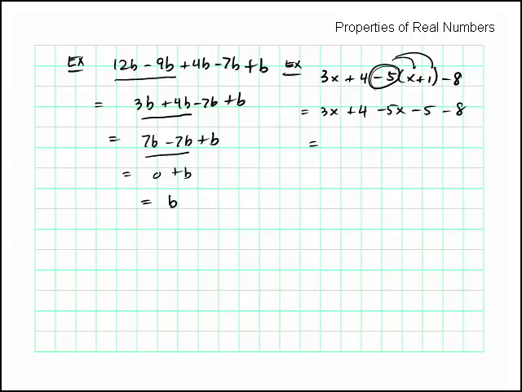Now that I have gotten rid of the parentheses, I can combine my like terms. I've got 3x minus 5x right there. That's going to be negative 2x. Now I've got 4 minus 5. I guess I'll do some steps here. That's a negative 1. But then I also have that minus 8 on the end as well. I can combine those. Negative 2x minus 1 minus 8 is going to be minus 9. And so my result is negative 2x minus 9.